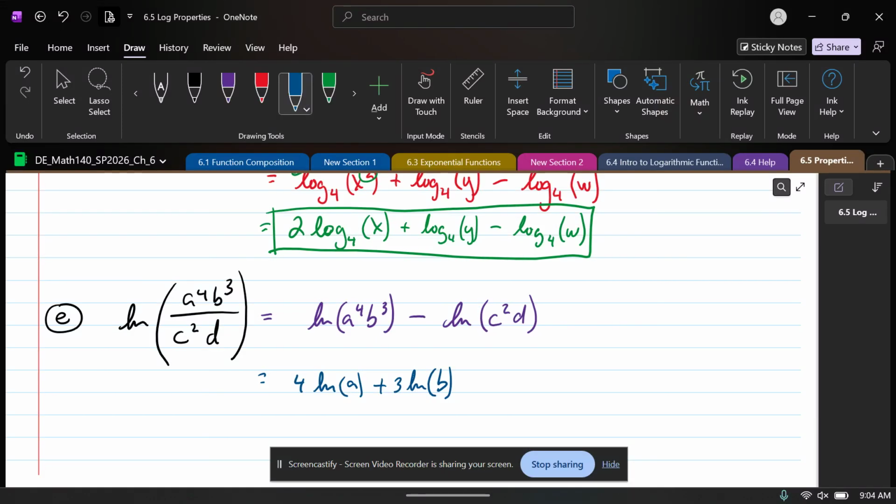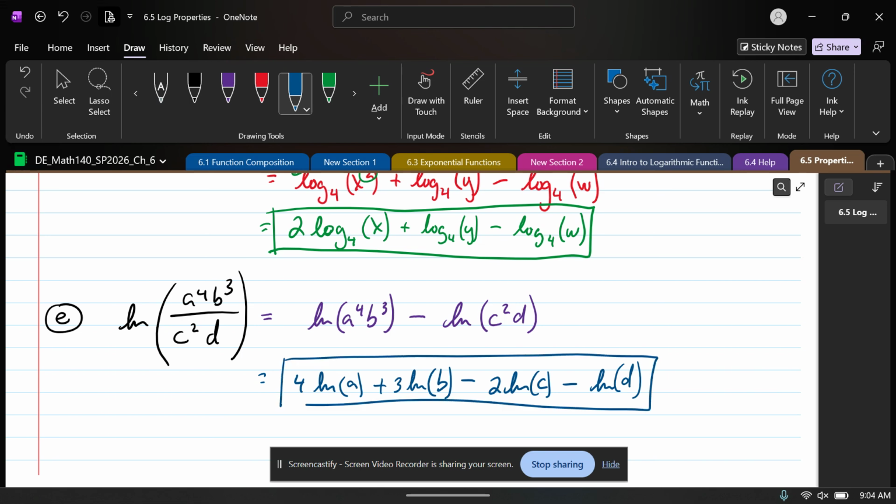I'd do that step together. Minus 2 natural log c minus natural log d. Typically, if I'm working one of these, I usually go straight from here to here, just because I'm so comfortable with the properties. As you get more comfortable with them, you'll be able to do more of that.